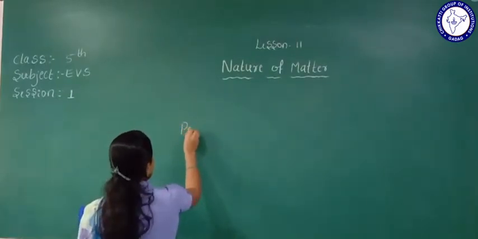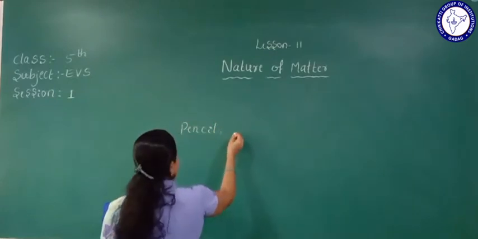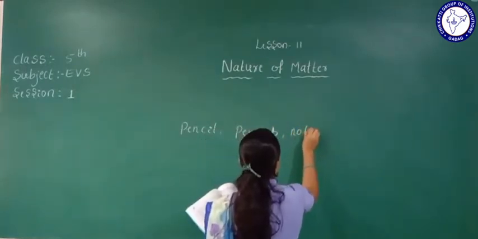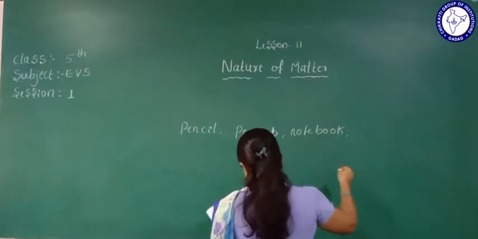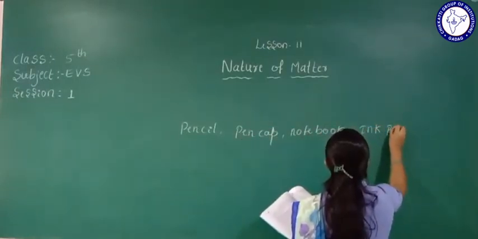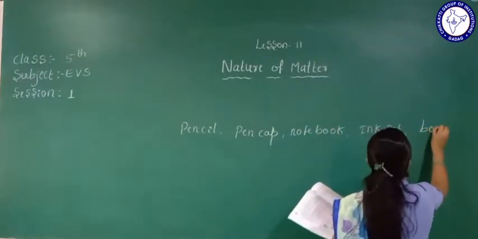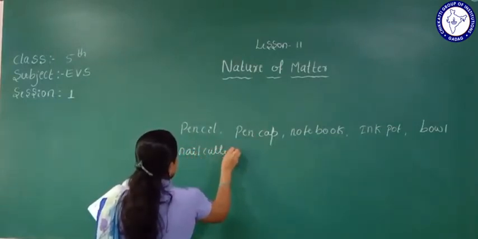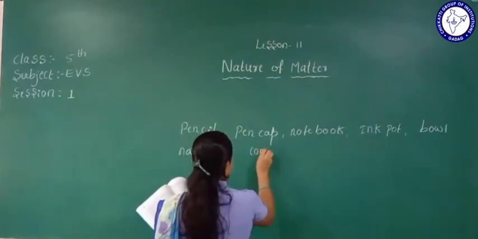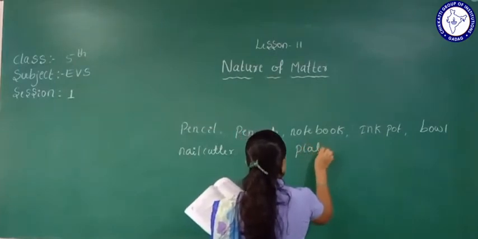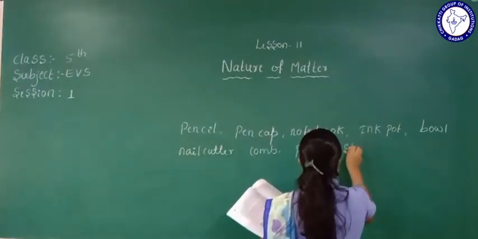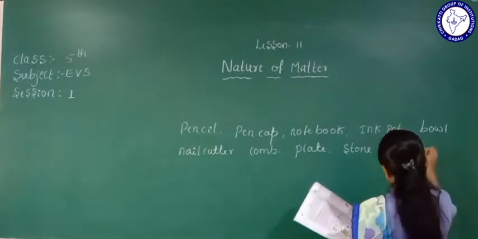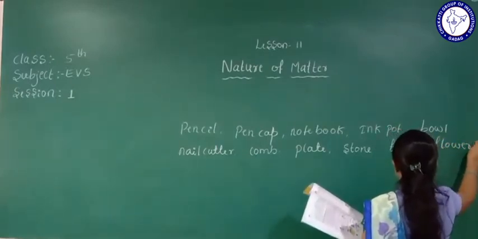Here, see, pencil is there, then the next one, pen cap, notebook, then ink pot, bowl, nail cutter, comb, plate, stone, then broom, flower, and so on.